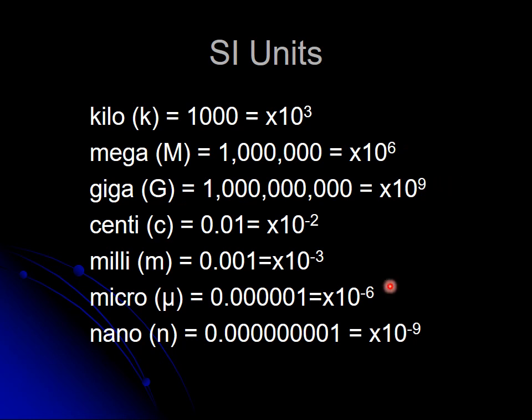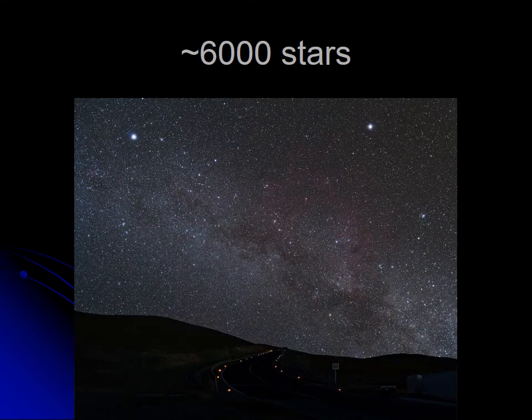Giga is times 10 to the 9. Micro is 10 to the minus 6, and nano is 10 to the minus 9. So if we say that something is 45 nanometers, then we could write it 0.0000000045, or we can write 45 times 10 to the minus 9. That's way easier, so that's why we use scientific notation.